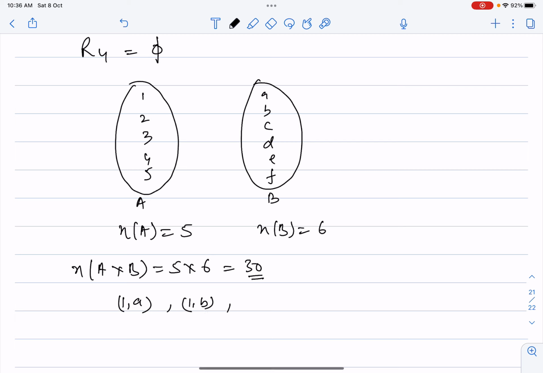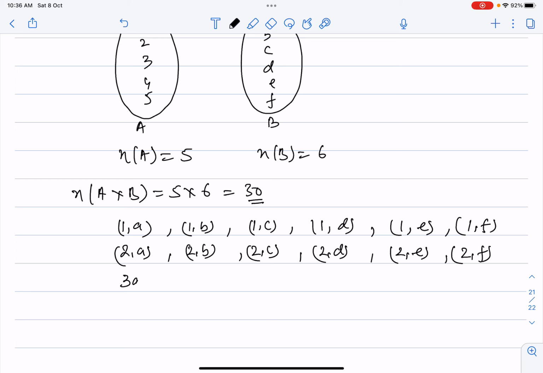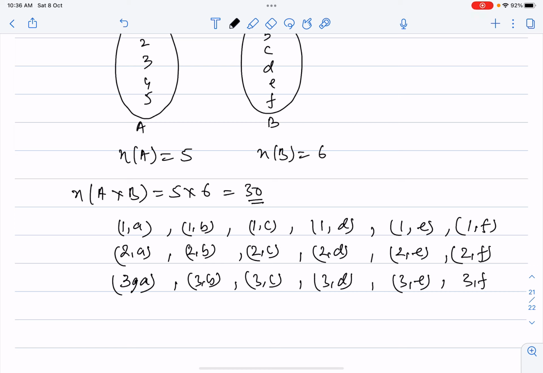Okay, let us write all the ordered pairs. 1 comma c, 1 comma d, 1 comma e, 1 comma f. Similarly 2 comma a, 2 comma b, 2 comma c, 2 comma d, 2 comma e, 2 comma f. Third, 3 comma a through 3 comma f.